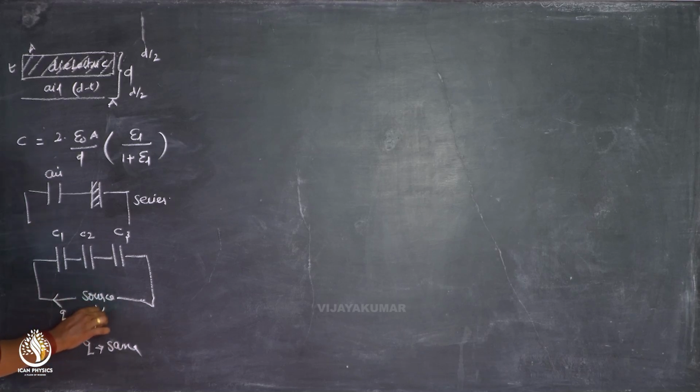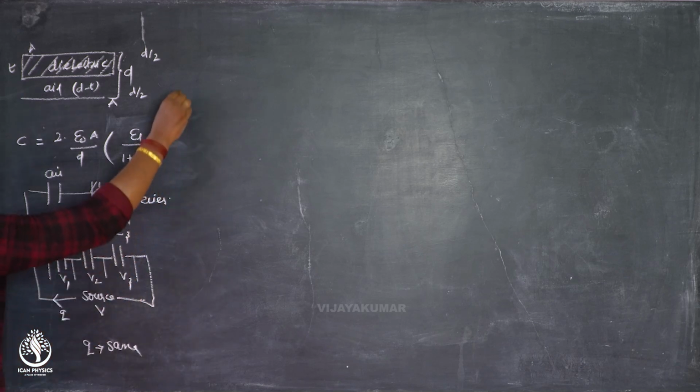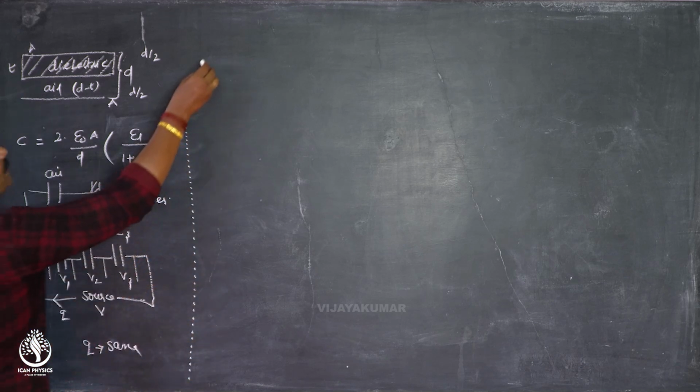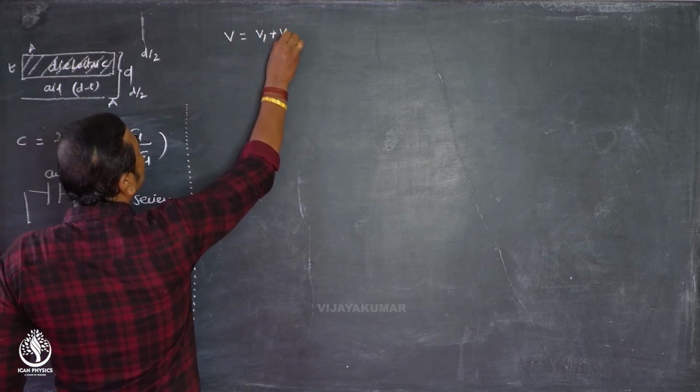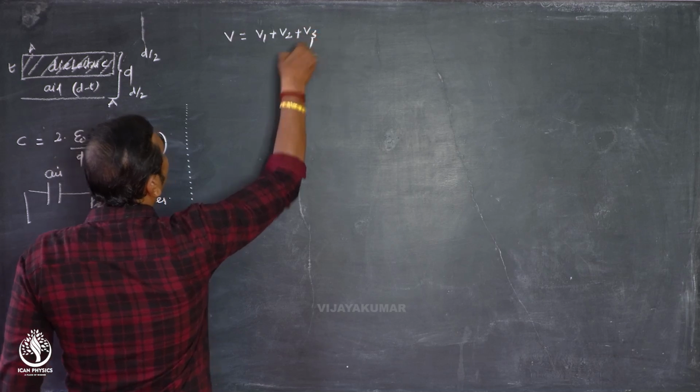The source gives a potential of V. The potential drop across the first one is V1, the second one is V2 and the third one is V3, so that the total potential V equals V1 plus V2 plus V3.